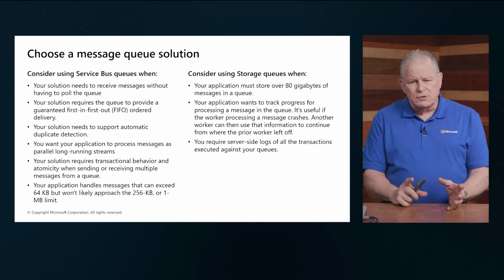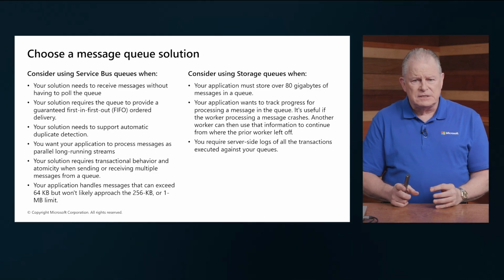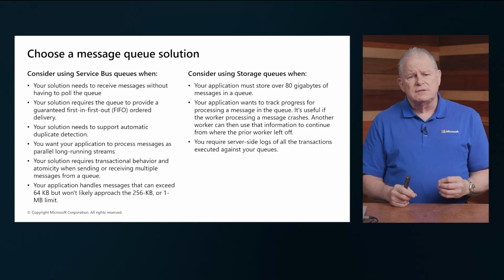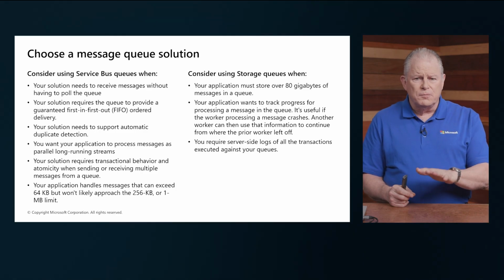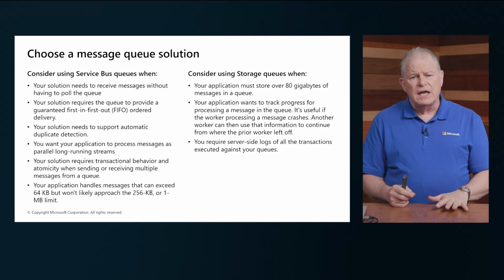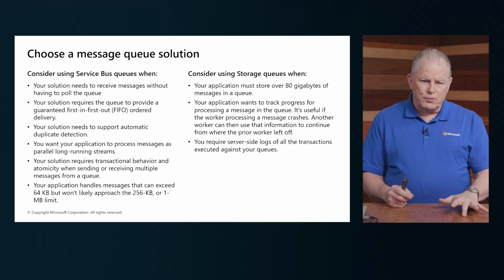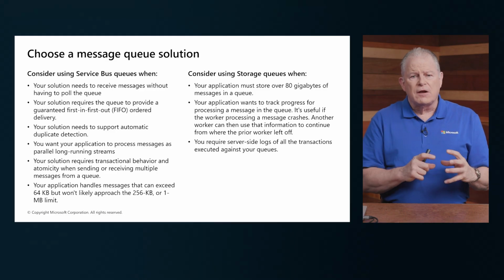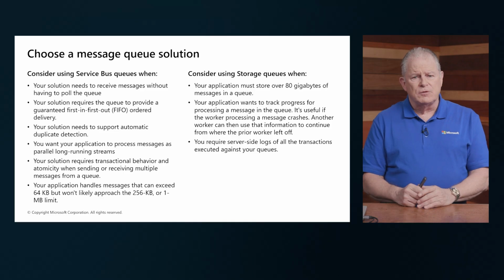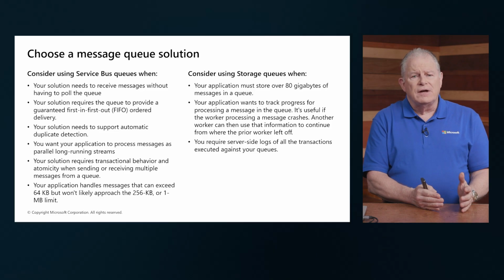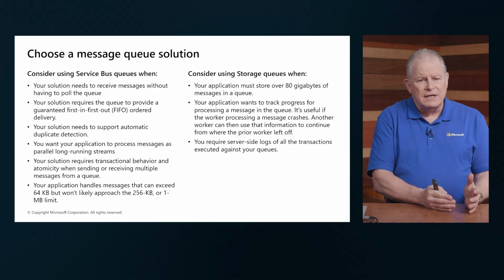I want to spend a few minutes looking at that very last piece, and you'll see this as you go into the lab itself. I'm not going to do a demonstration to show this to you, but if you take a look at the different variations of a Service Bus, there's a basic, a standard, a premium. There are different tiers that all provide different capabilities for you. And that's where you're seeing some of those differences in the numbers at the bottom. So you can have a message that is 64K in size.